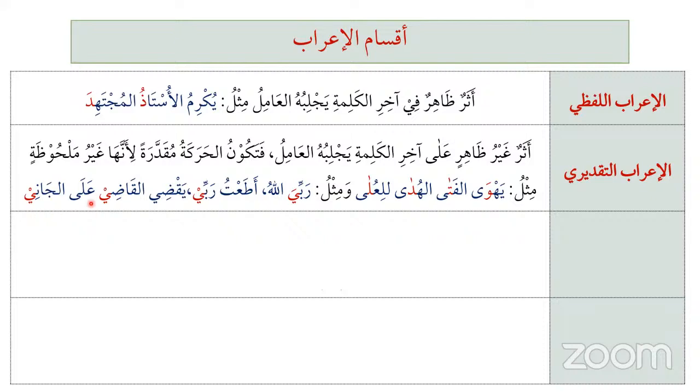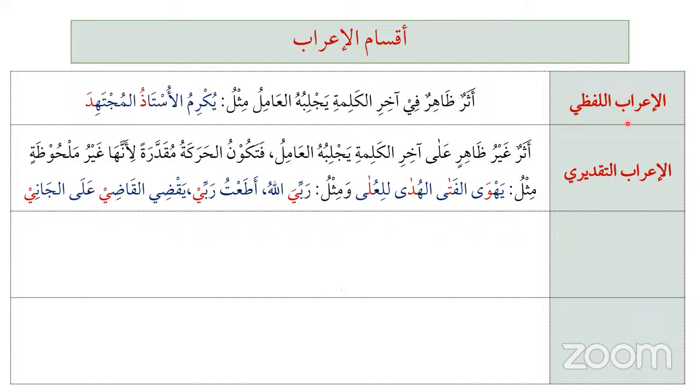It's only in the state of nasb the fatha will be apparent. So for example, I say ra'aytu al-qadiya. The ya will become apparent. So words like al-ismul manqus, i.e. those words which have ya sakin before ya kasra, in the state of raf and jar, the i'rab will be behind the scenes. And nasb will come about.